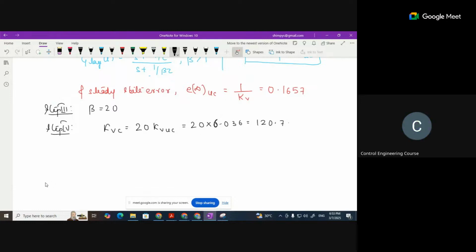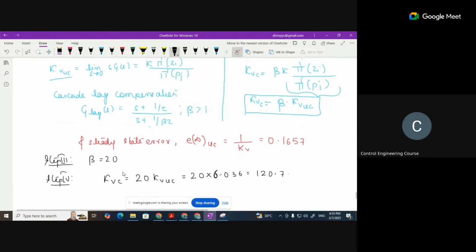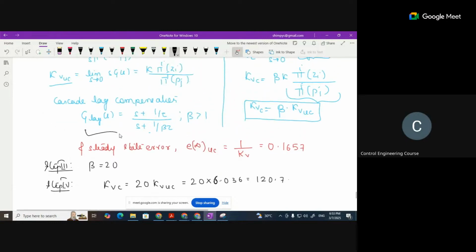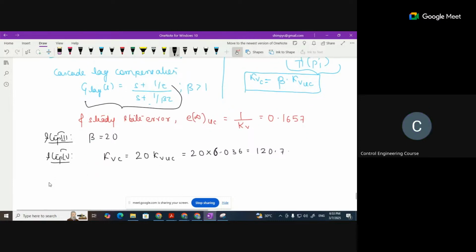So now, next, we have to design this. I will choose a compensator zero. Listen carefully.